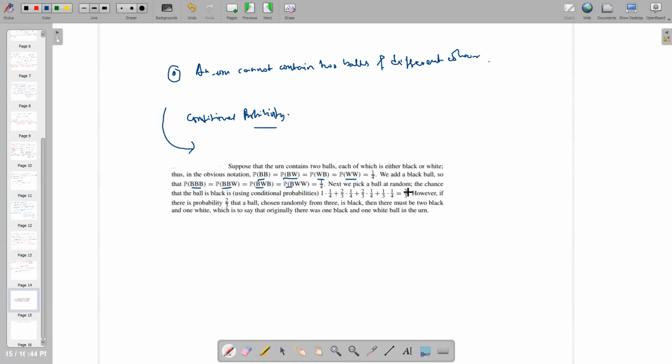Next, we pick a ball at random. Then the chance of that ball being black, using conditional probabilities, is this. However, there is a probability 2/3 that a ball chosen randomly from 3 is black. Then there must be two black, one white, which is to say that originally there was one black and one white ball in the urn. So, what is the fallacy in this statement?